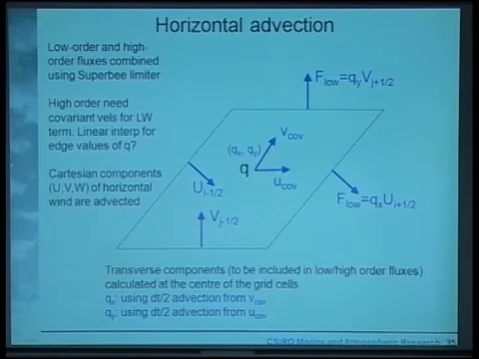I've got some quantity Q at the centre which we're advecting. We want the low order flux at the boundary, which is the upstream value of Q multiplied by this edge value of U. Same for V, same on the other faces.